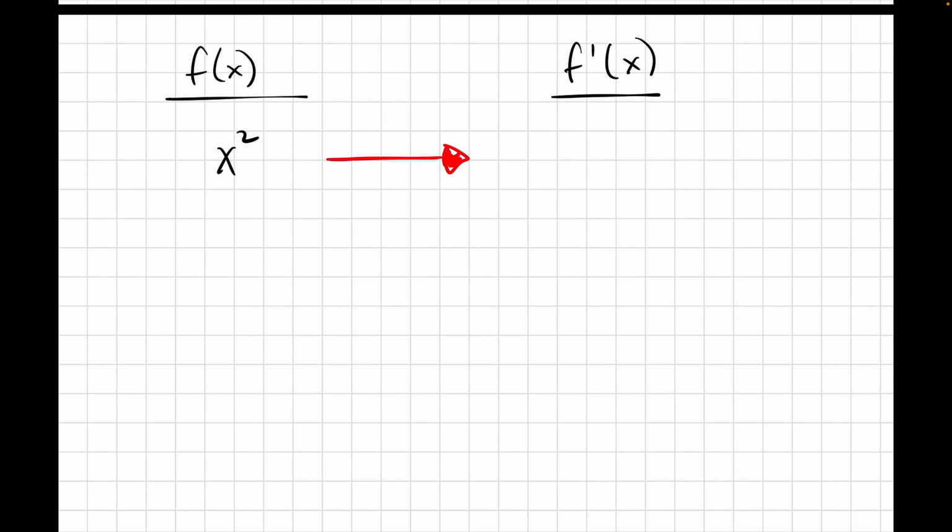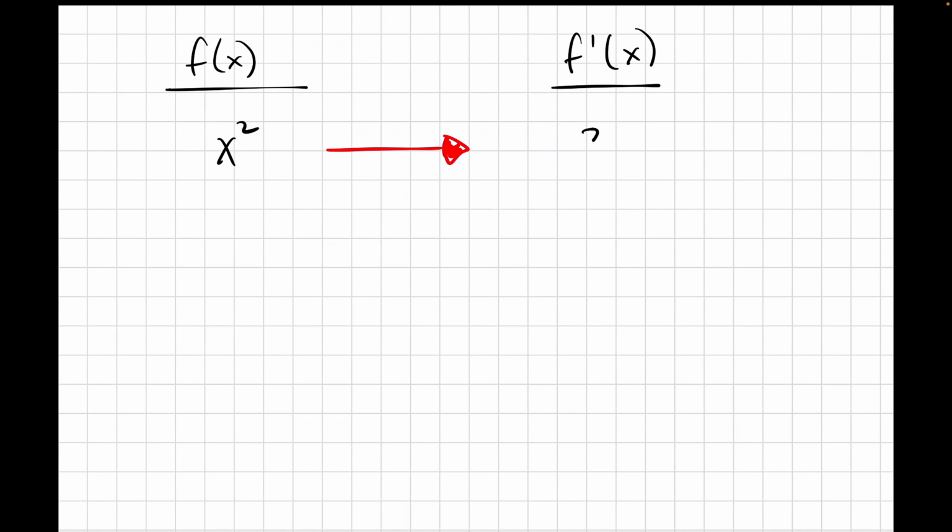So the derivative of x squared is 2x. That's differentiation. Today what we're going to do is anti-differentiation, going backwards.